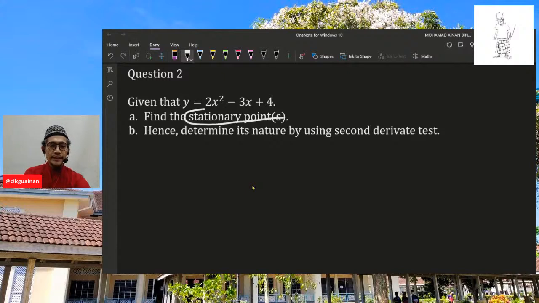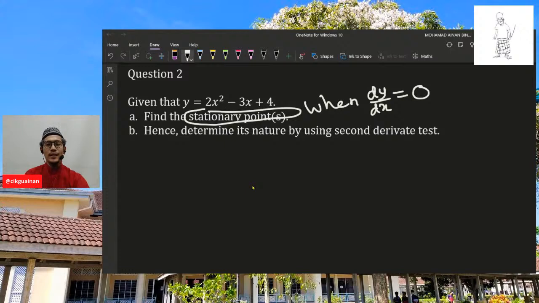We can find a stationary point when dy/dx, the gradient, is 0. So before we equate everything with 0, we have to find dy/dx. So we differentiate this. dy/dx is 4x minus 3.